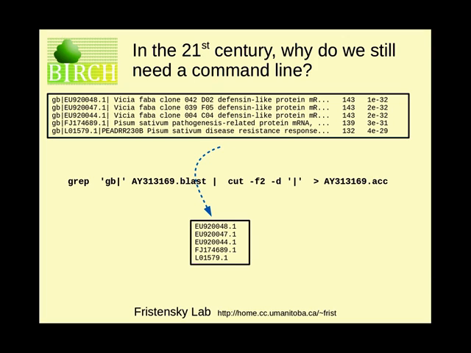they have the Unix command line. And just to illustrate some of the power of the command line, I have an example here of some output from a BLAST search. The output is giving us the name of the database that the search was done on. So this is GB, which stands for GenBank. And then the next field, the field separators are these little pipe characters.